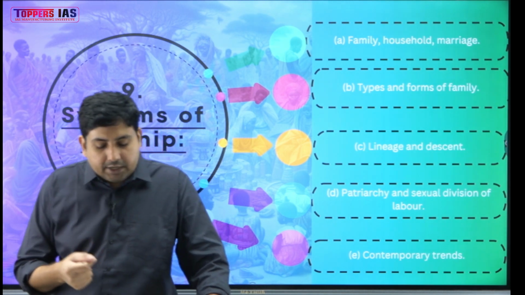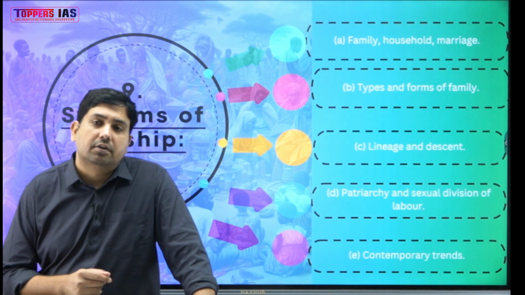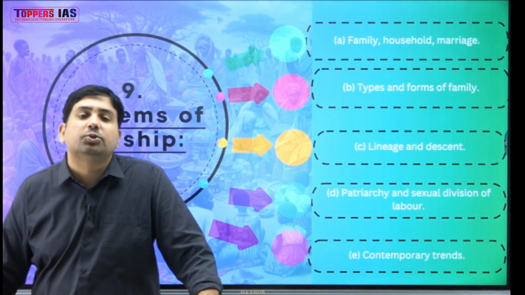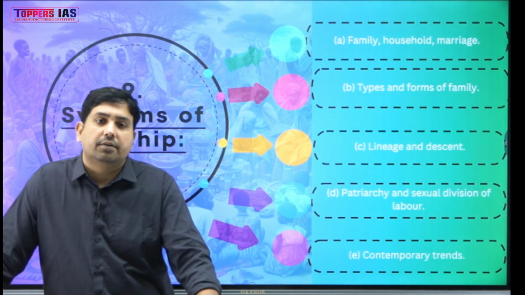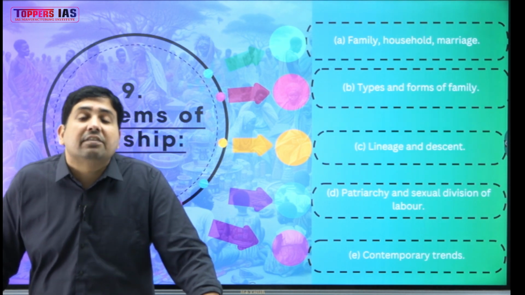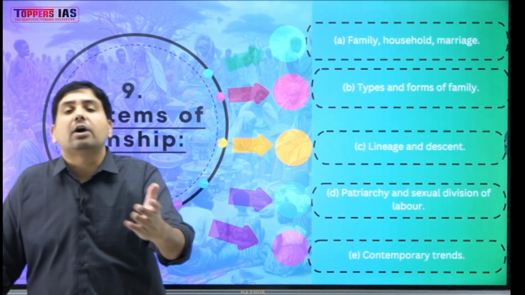So there is an increase in single parent households due to divorce or separation, or even by choice, because nowadays divorce has become very common. Then there is also a rise of cohabitation or living relationship, a couple living together without marriage.